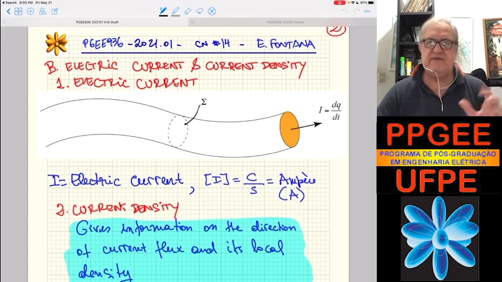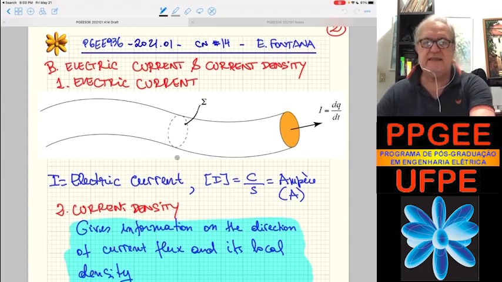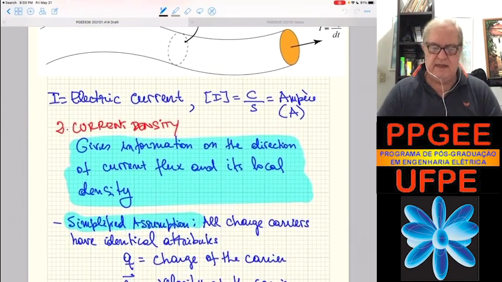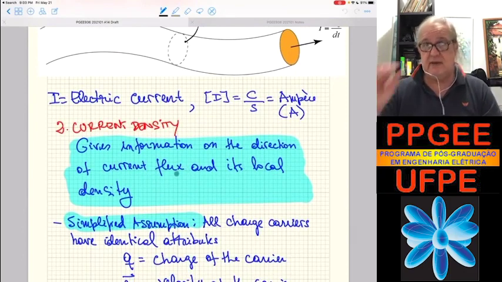Right? We need something more specific to have that information, and that is the current density, which we are going to conceptualize now. So the current density gives information on the direction of current flux and its local density as well.